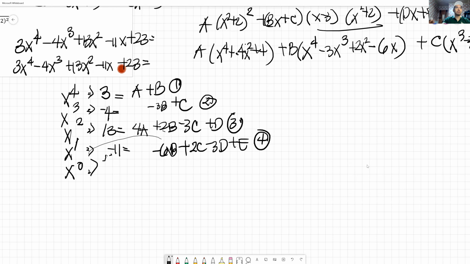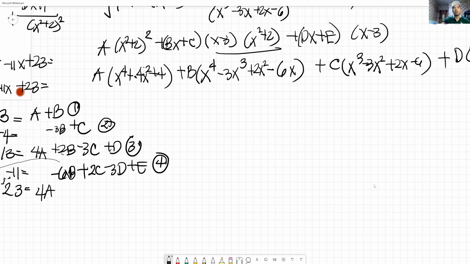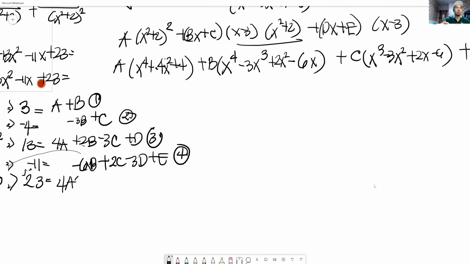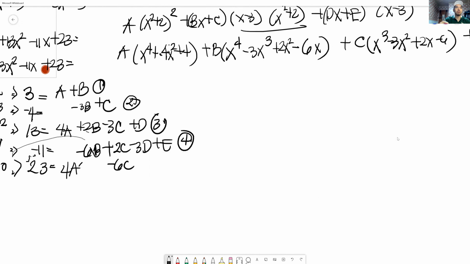And then constants. So we have 23 is equal to 4a again. So b, we don't have. We have negative 6c. For d, we don't have, but for e, we also have negative 3, equal to, okay, and that would be our fifth equation.